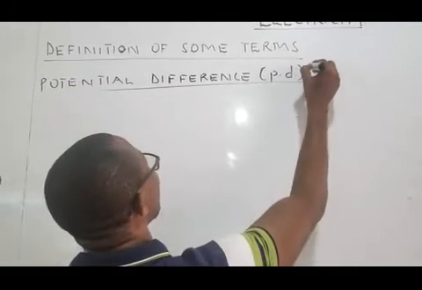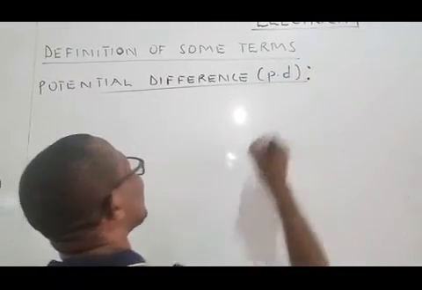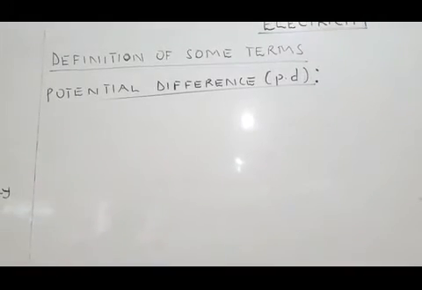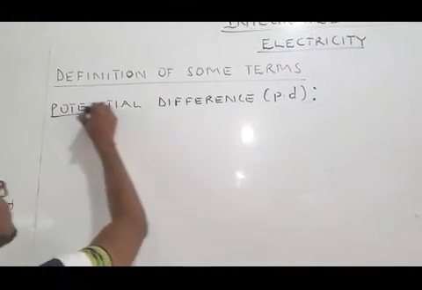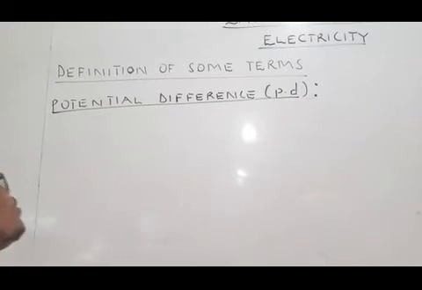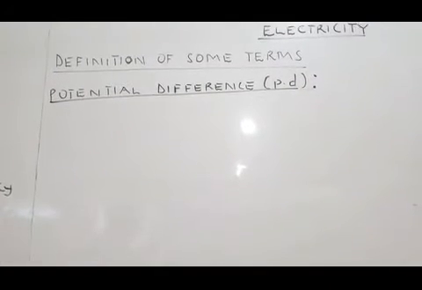So in electricity, if you come across the word PD, it is referring to potential difference.